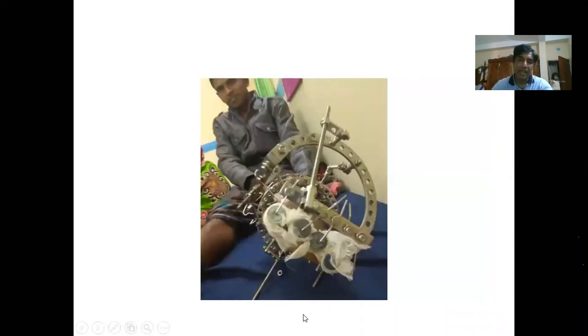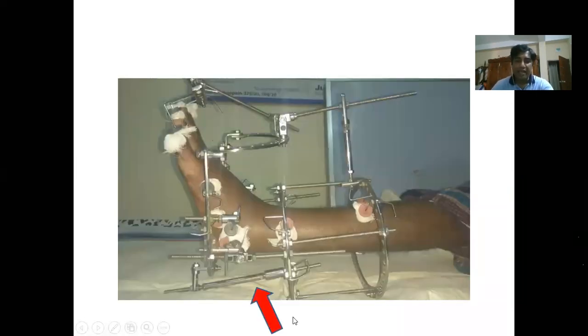Another thing I want to emphasize is that I put the toe wire for the patient and hold it with a long plate and a ring. Why I am showing this, I will tell you later. Even while the correction is going on, sometimes the distraction rod bends.